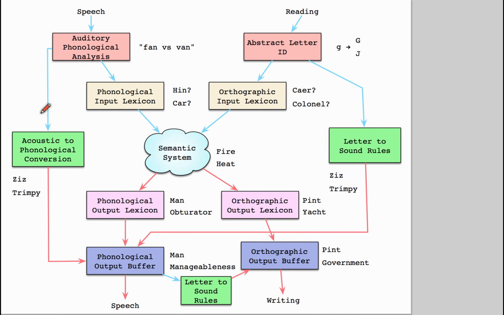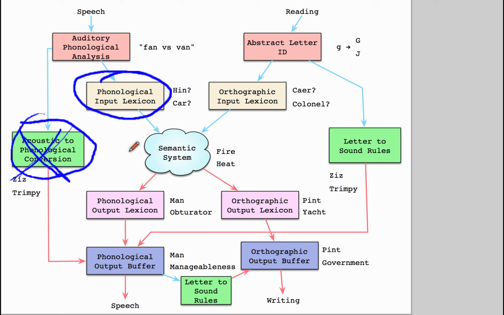This acoustic to phonological conversion is a simple little side process that explains how people can repeat words that aren't real, right? If we didn't have this, the phonological input lexicon just stores real words.